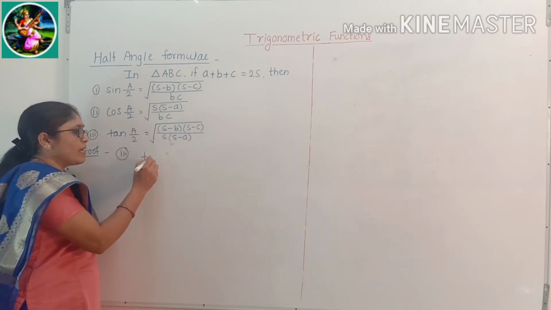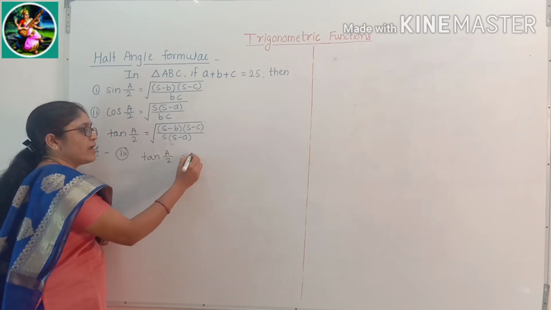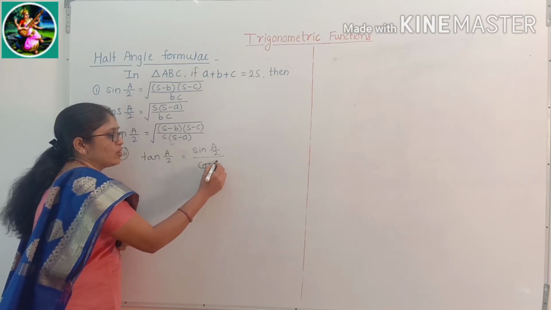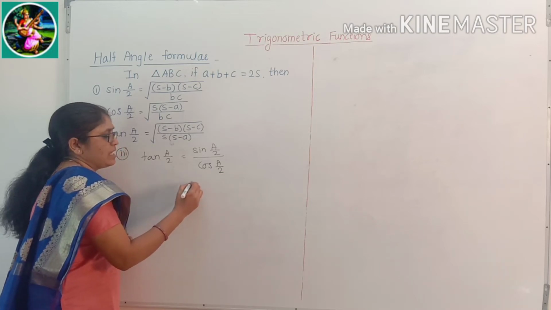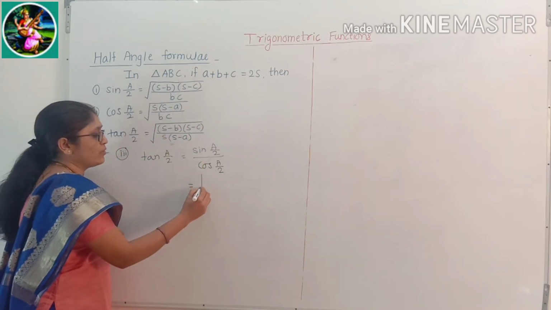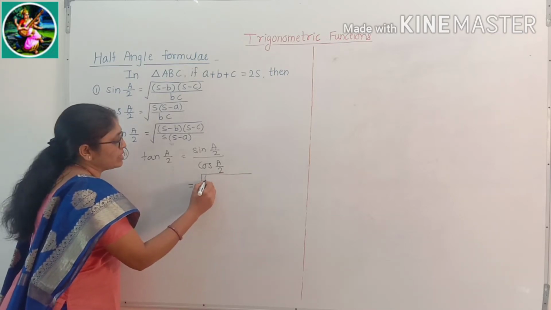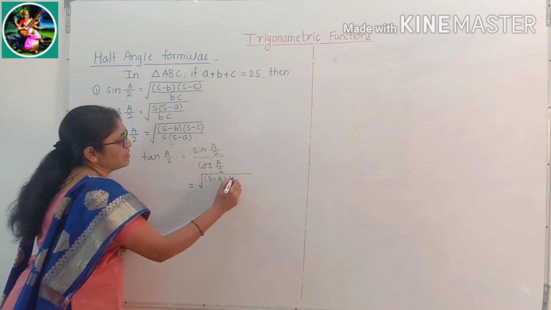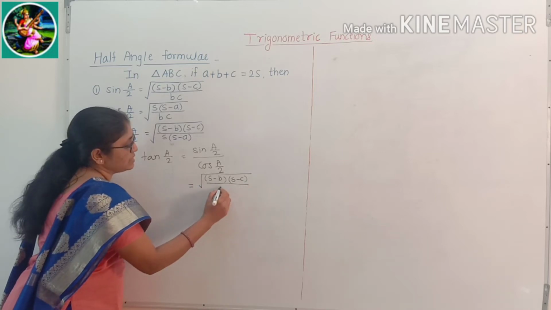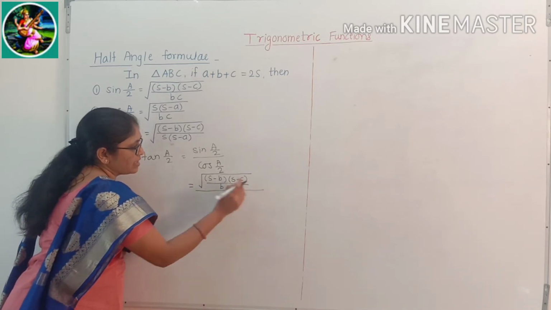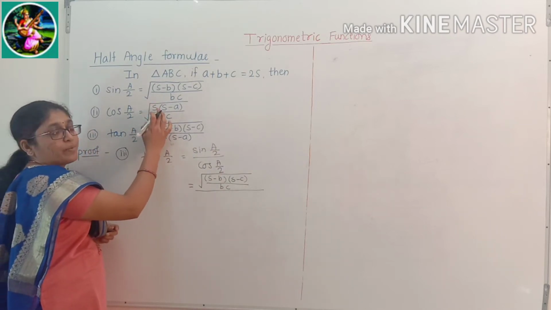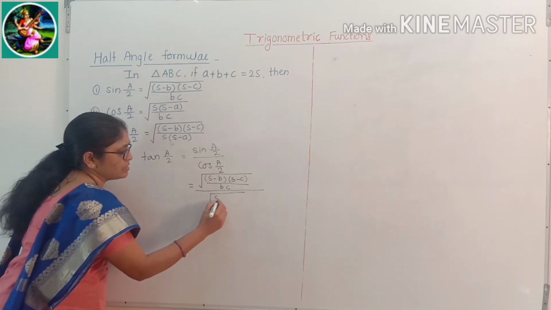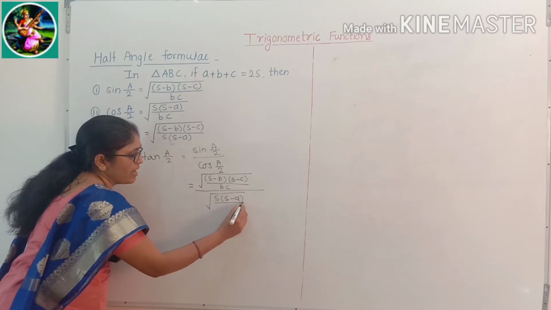Therefore, for tan of A upon 2 we can write sin of A upon 2 divided by cos of A upon 2, where sin of A upon 2 is square root of s into s minus a, s minus b into another bracket s minus c divided by bc, and this whole divided by cos of A upon 2, which is square root of s into s minus a divided by bc.